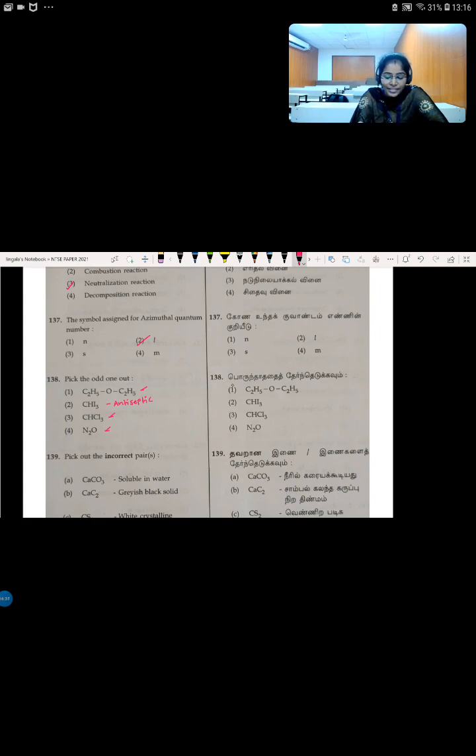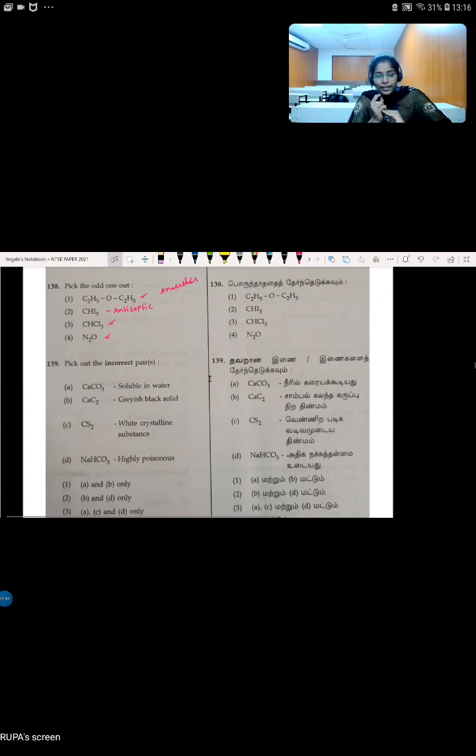Anesthetics. So you have to pick the odd one out using this concept only. Clear to everyone? So this is an antiseptic and the remaining three are anesthetics. This is a straightforward question from drug chemistry, where examples of various kinds of drugs are given.